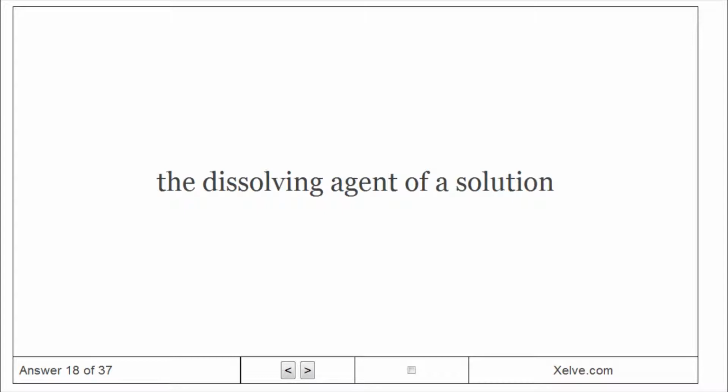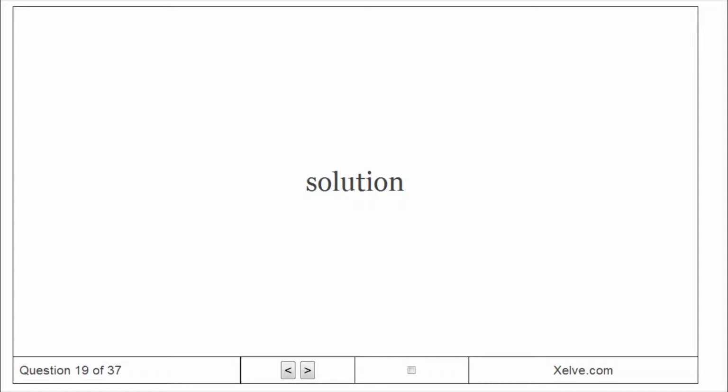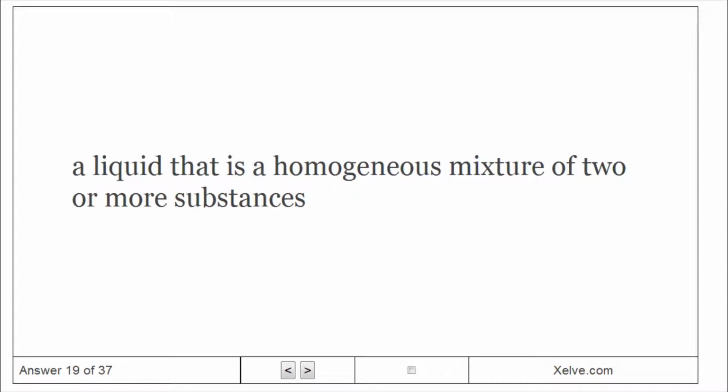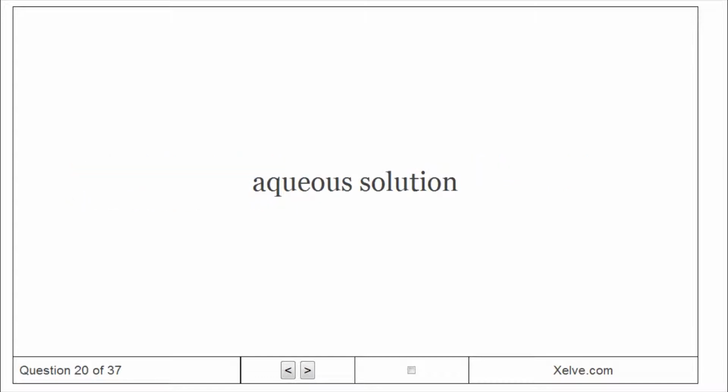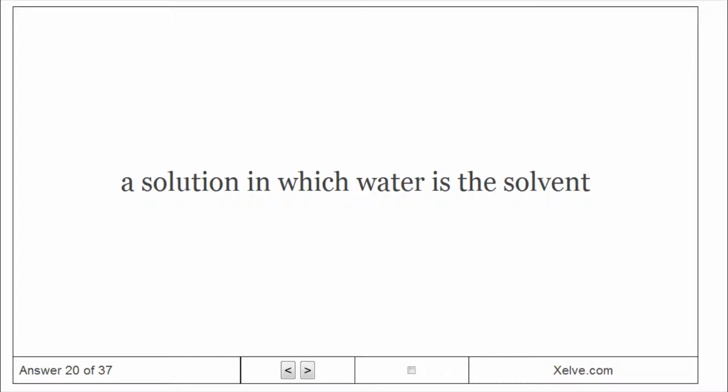Solution. A liquid that is a homogeneous mixture of two or more substances. Aqueous solution. A solution in which water is the solvent.